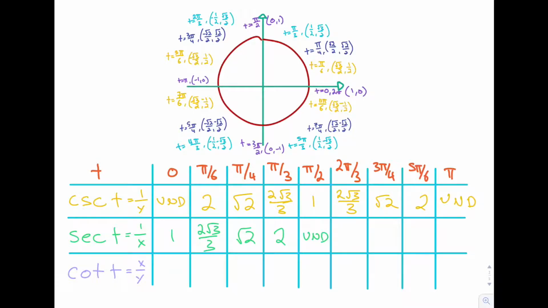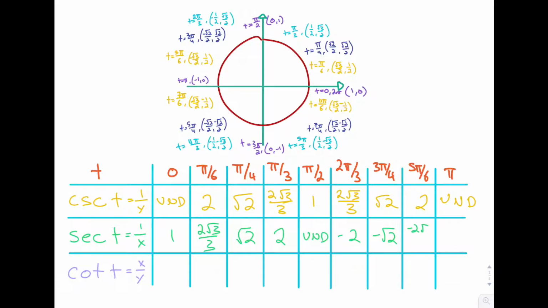Now on the left half of the unit circle, we have negative x values, so we should flip down for these next ones. So we'll have secant of 2 pi over 3, which will be 1 over -1/2, so that simplifies to -2. Then secant of 3 pi over 4, that'll simplify to negative root 2.